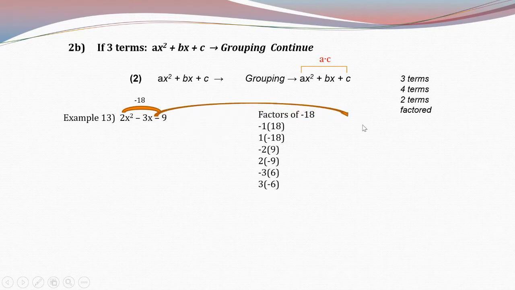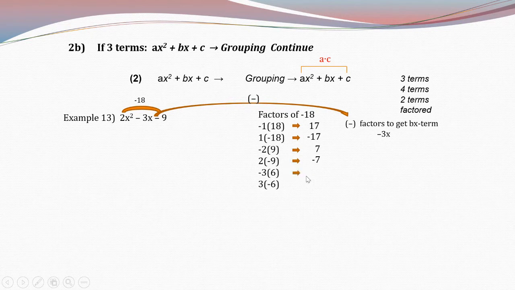This means there's going to be the difference. The difference of the factors has to give me negative 3x. This will be 17, negative 17, 7, negative 7.